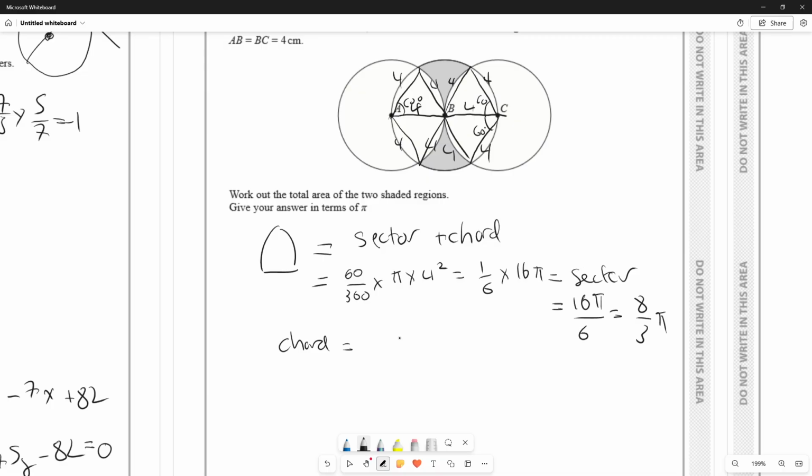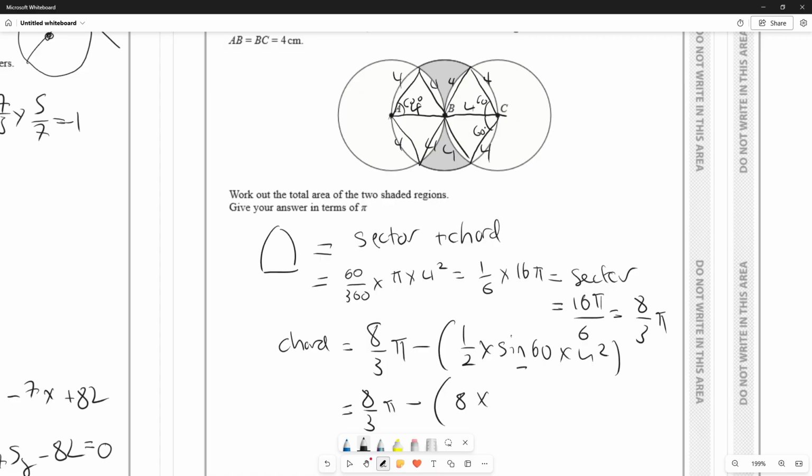So we know the sector area is 8 over 3 pi, because they're all the same circle, minus the area of the triangle, which is 1/2 times sin 60 times 4 squared, because it's either side. 4 squared is 16, times a half would be 8, times sin 60.